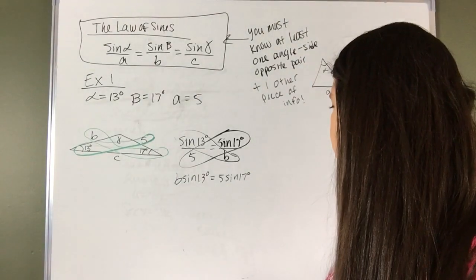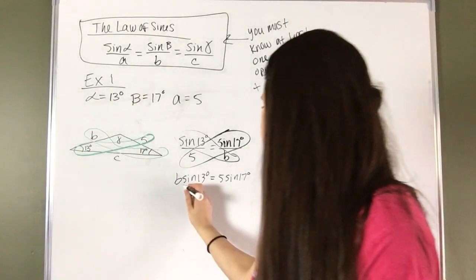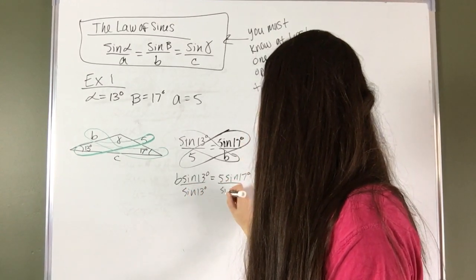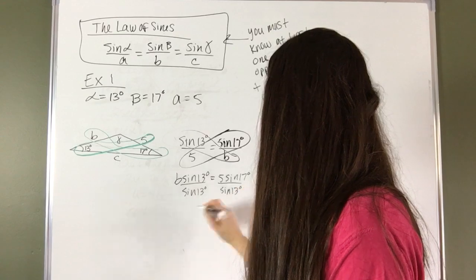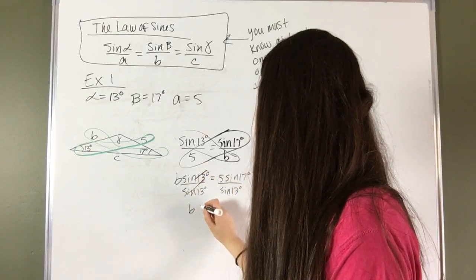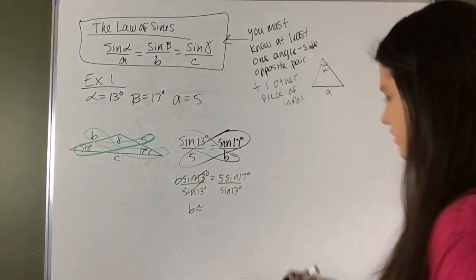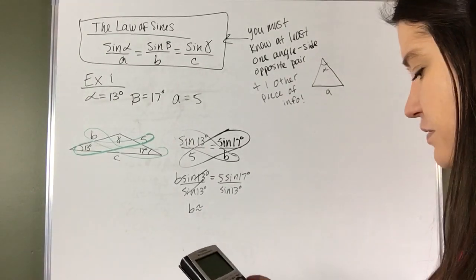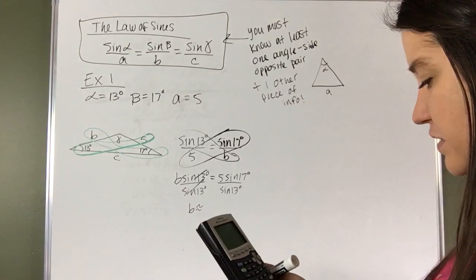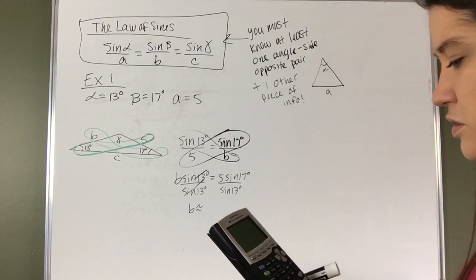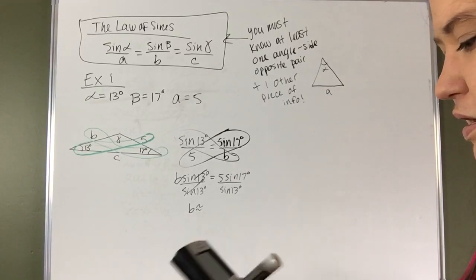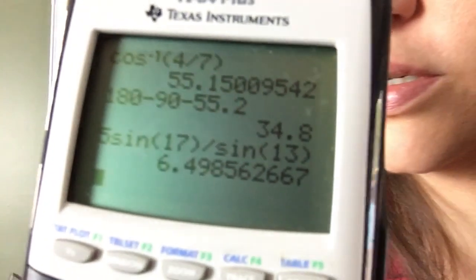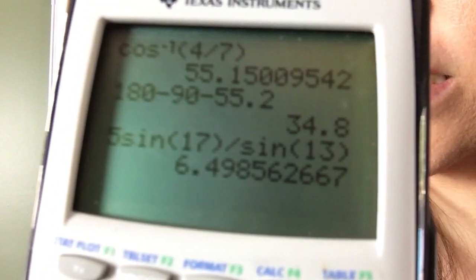And now we're in good shape for solving for B, right? We just have to divide by sine of 13 degrees. So B is approximately, let's type this in, 5 sine of 17 divided by sine of 13 equals, I got 6.498.